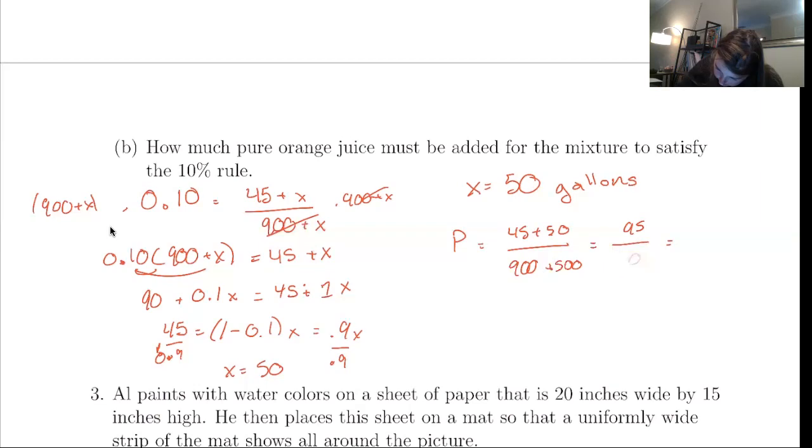Why did that not erase all the way? There we go. I meant 50, not 500. There we go. And that is 1 over 10, which is the same as 10%. Right? So you can always check your work with these, which is awesome.